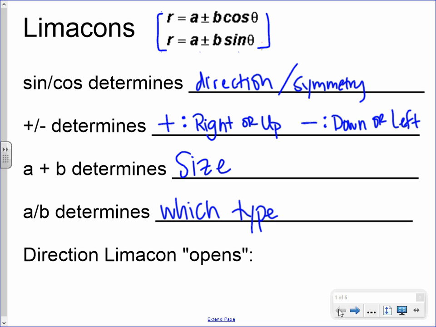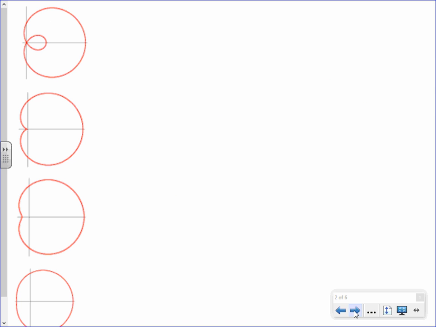So if you have A plus B cosine, a majority of it's going to be to the right. If you have A plus B sine theta, a majority of your limacon is going to be up. Now, for example purposes, all of these are A plus B cosine theta, so you can see the picture and everything.